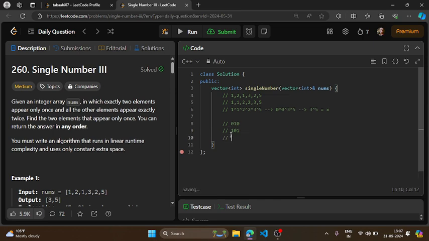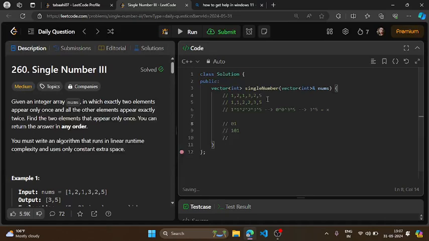Sorry, this is our 3, this is our 5. Now on taking the XOR of these two numbers, you will get something like 1 1 0. So this will be the final number we will get as the answer after taking the XOR of the entire array. Now let's see what happened.